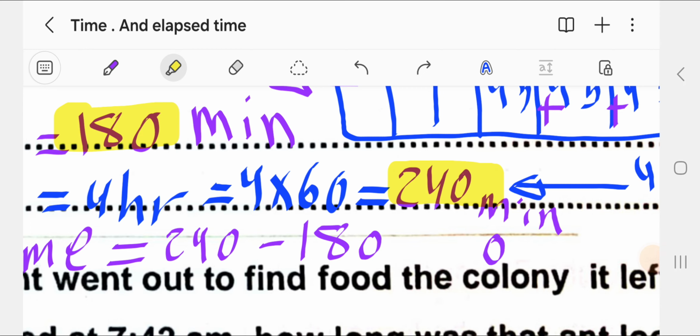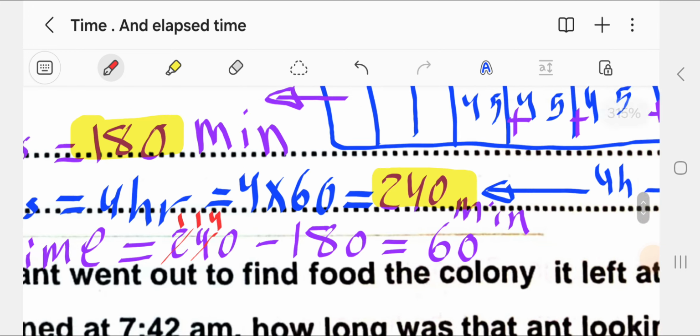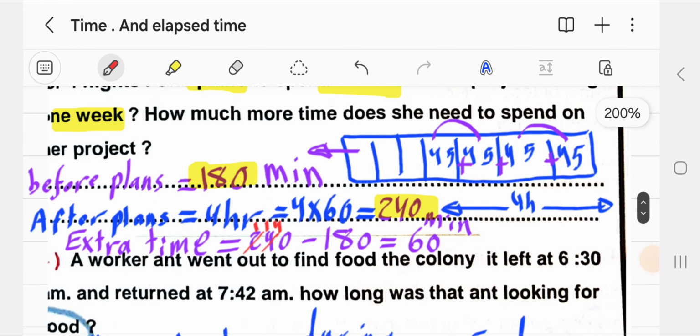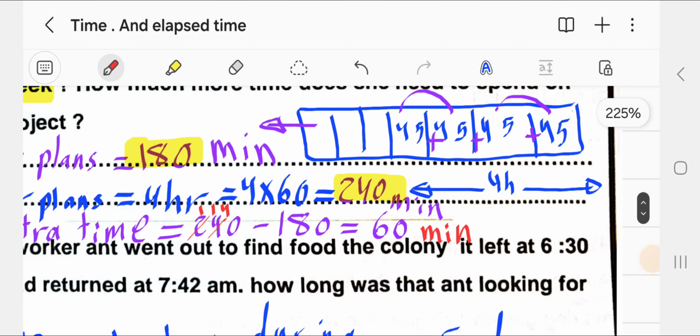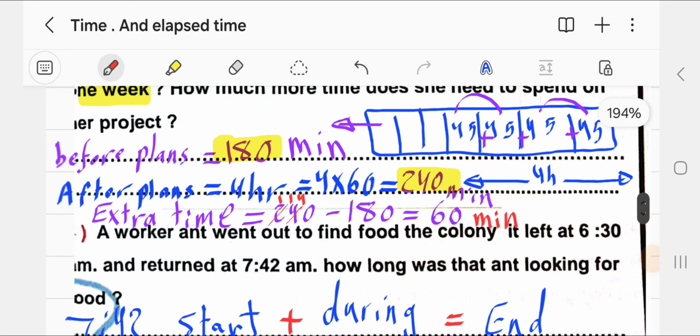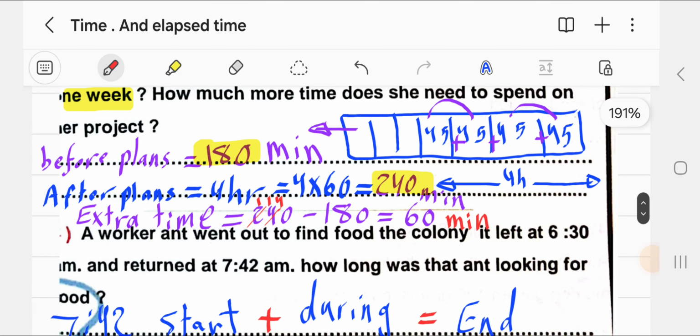This becomes 14, 14 minus 8 becomes 6, and then I put a 1 from this. So the answer is 60 minutes. She needs to add only 60 minutes to her work to achieve the plan she set for herself.